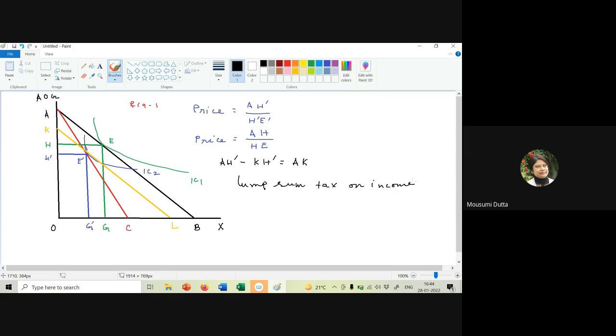Instead, I am considering a mechanism where the employer is directly cutting the same amount from the income and sending it to the government. This is called a lump sum tax on income. I'm not checking whether the income is higher or lower, just a lump sum tax.